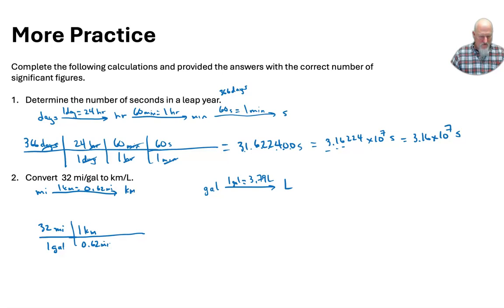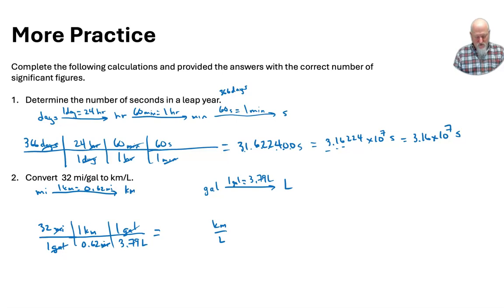The miles cancel. And we have kilometers, that's what we want. And now we need to convert gallons to liters. Okay, the gallons is in the denominator, so our gallon piece has to go in the numerator. So 1 gallon is 3.79 liters. The gallons cancel. And the units I have left are kilometers per liter.